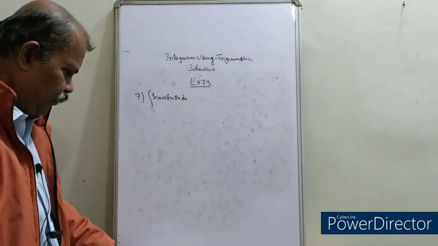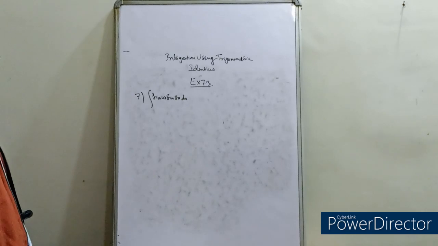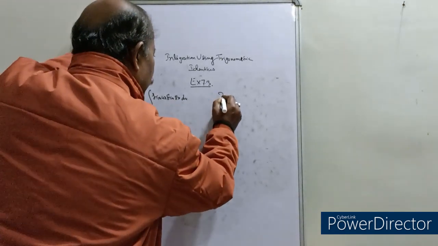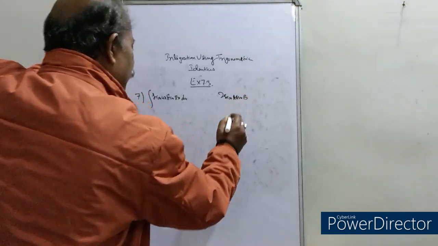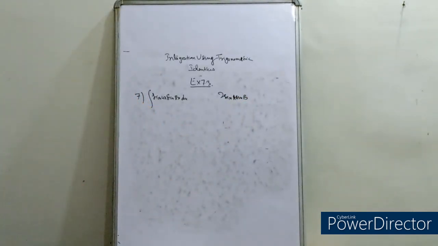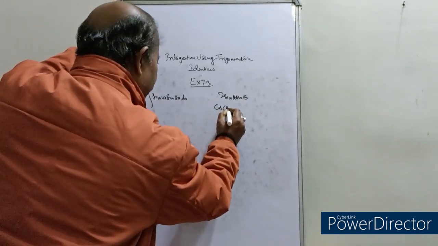So here you see that I am going to use the formula 2 sine A sine B. Now this formula you can create yourself. How do you see this?